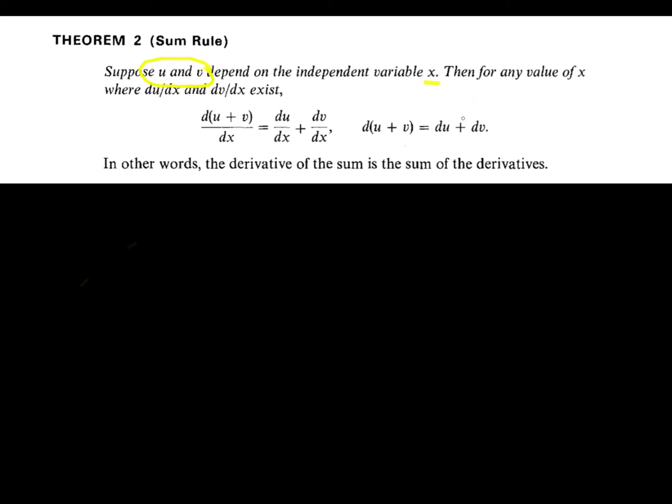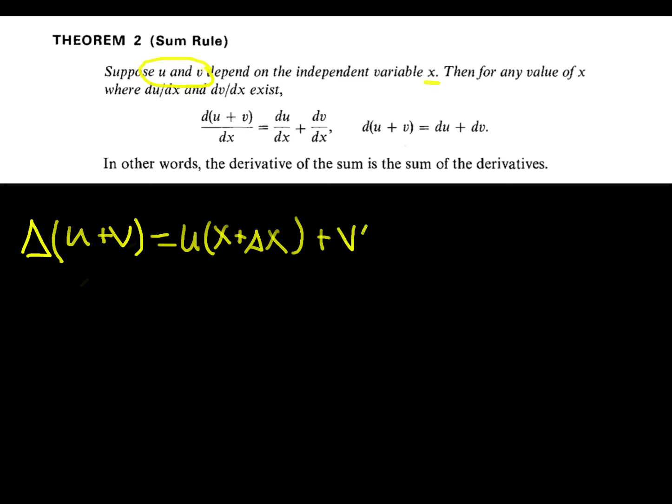And so this is, again, going to be straightforward from our definition. The change in u plus v, remember they're functions of x, so their change is simply u of x plus delta x plus v of x plus delta x minus u of x plus v of x.